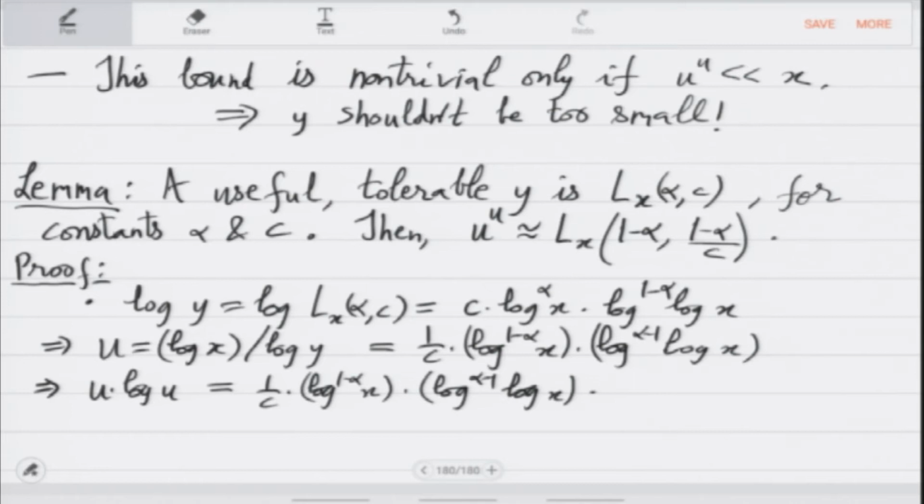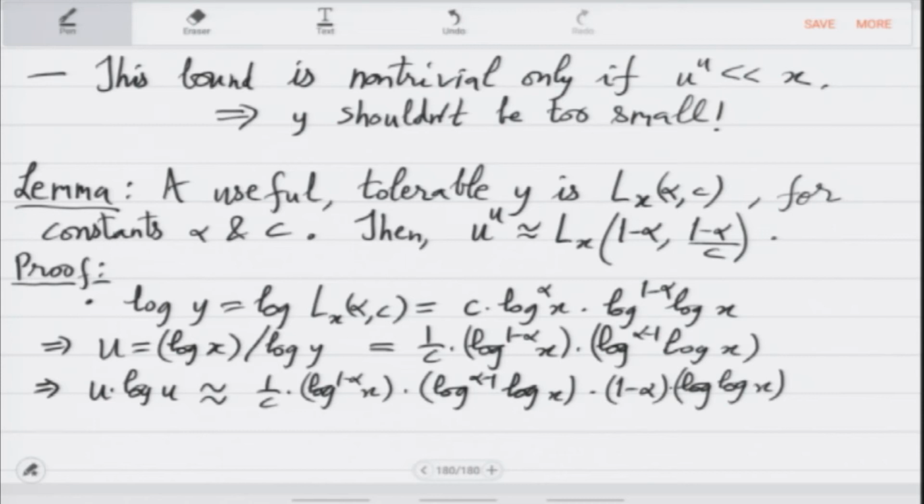Log to the 1 minus alpha gives me 1 minus alpha times log log x, and I get some additive lower order term, log log x, which I ignore. So let's just make it approximate instead of doing the exact calculation.